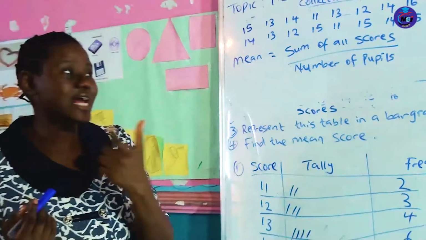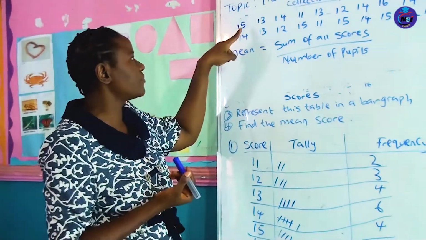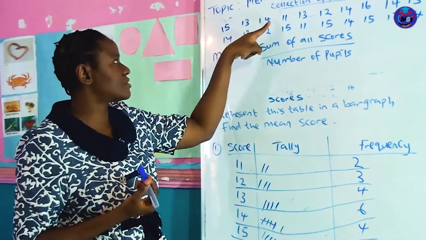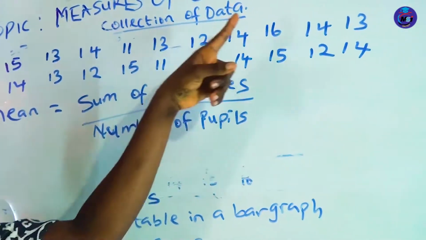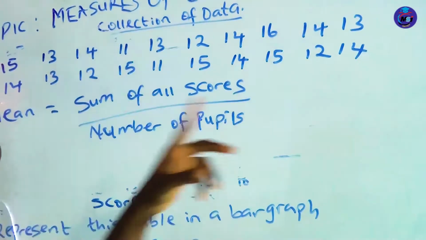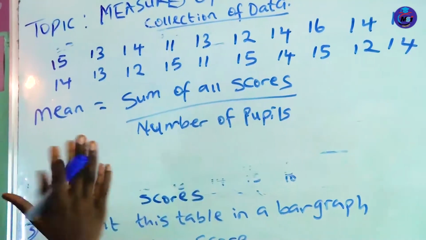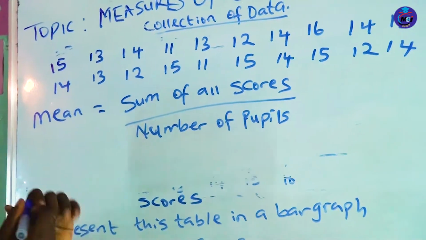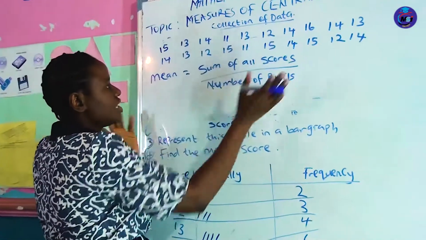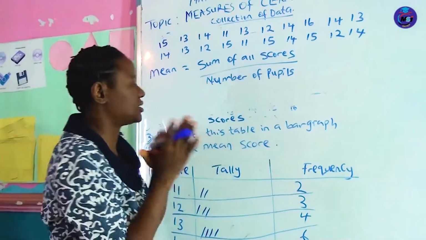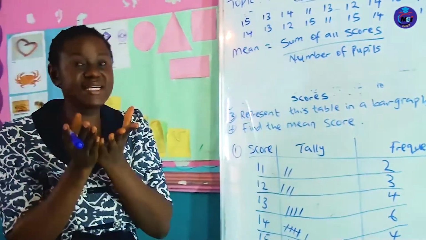That means what I should do here is say 15 plus 13 plus 14 plus 11 plus 13 plus 12 plus 14 plus 16 plus 13 plus 13, add up each together now over 20. Do you get that? I add up each of these over 20. That is one method. The second method you may find easier.